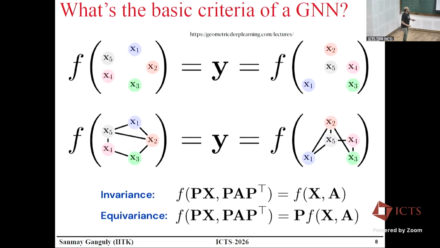Now, when we have that, we have constructed the criteria of a function written on sets, but on top of sets, you can induce another structure, which is connection between the sets. So you take it to one higher order structure, which is called a graph. A graph is a set plus some adjacency matrix. If you write down functions on a graph, there can be a criterion of invariance imposed, which means if you permute this set, the adjacency matrix undergoes a similarity transformation, and the output remains unchanged.